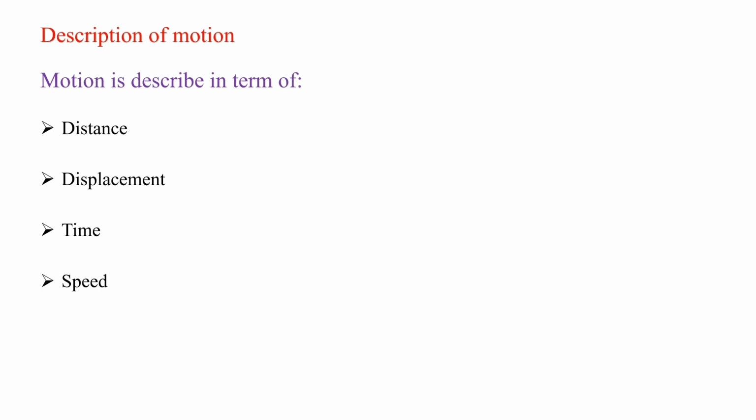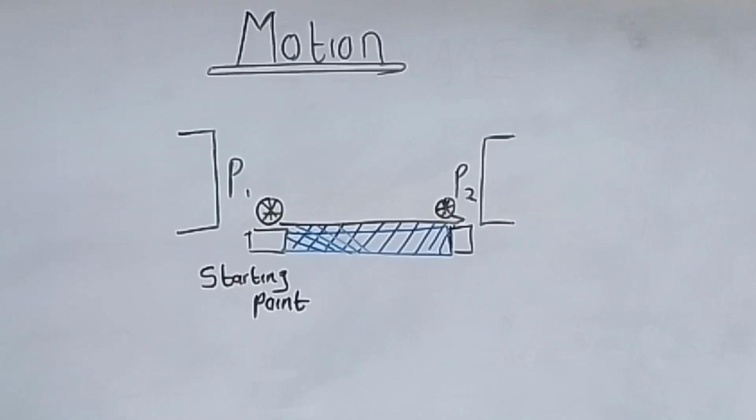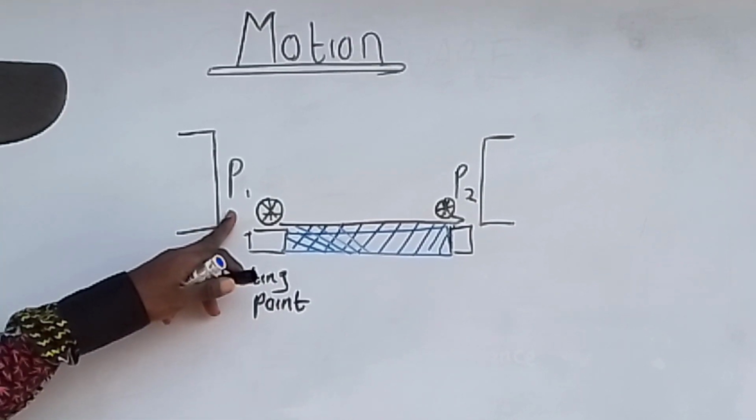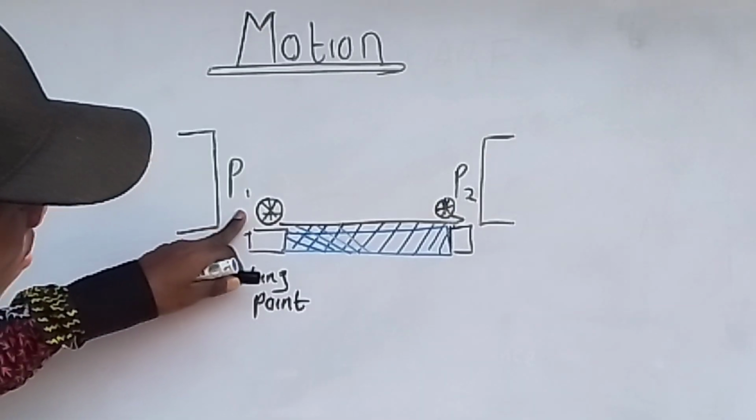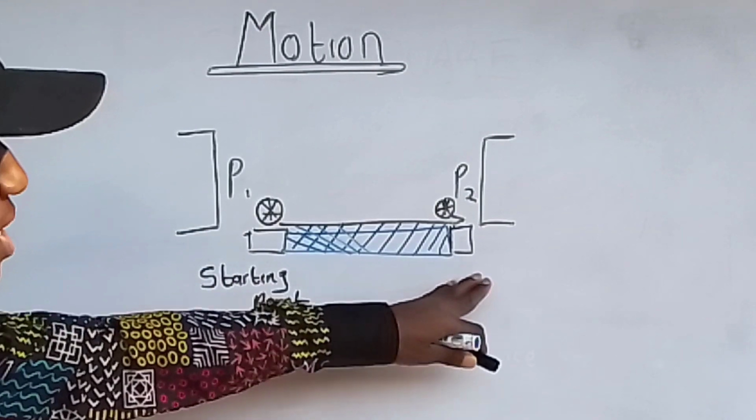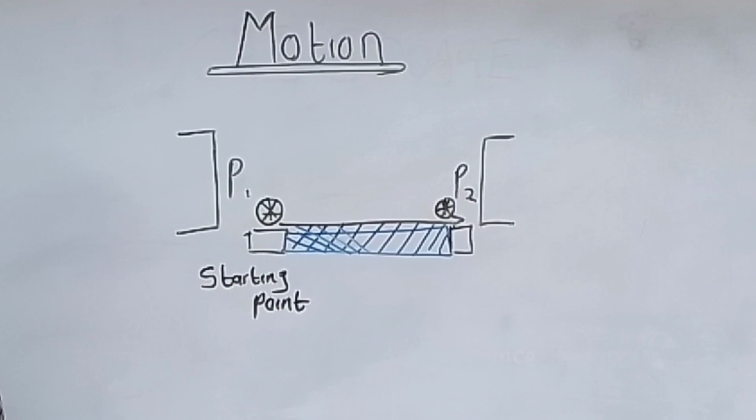Basically, motion can be described in 4 terms, and these are distance, displacement, time, and speed. From the previous example, as player 1 kicked the ball from this point, the ball is in motion, and as the ball moves from this starting point to player 2, the ball has covered a distance because there is a change in position.